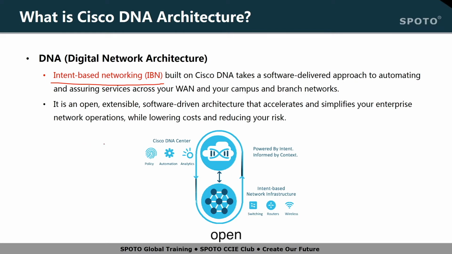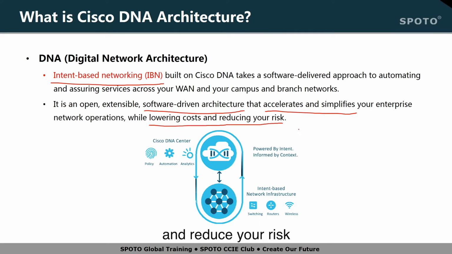So it is an open, extensible, software-driven architecture. It's software-driven that accelerates and simplifies your enterprise network operations. This is very important. And while lowering costs and reducing your risk. In Cisco DNA, it has policy, automation, and analytics.